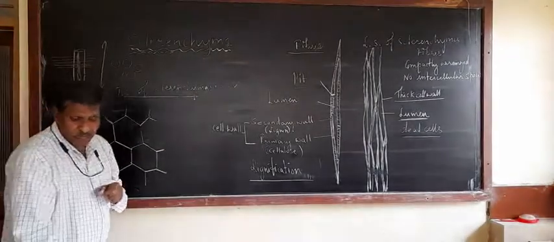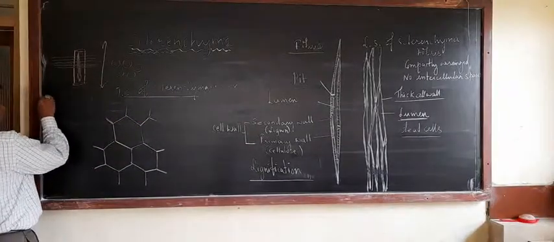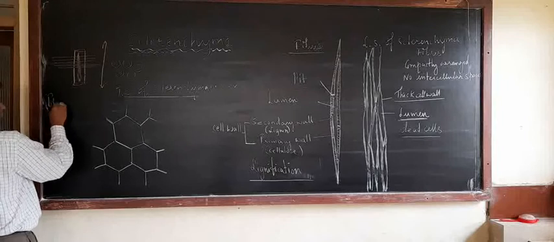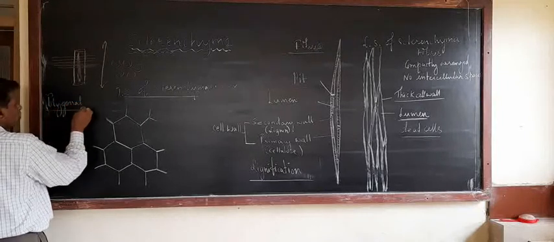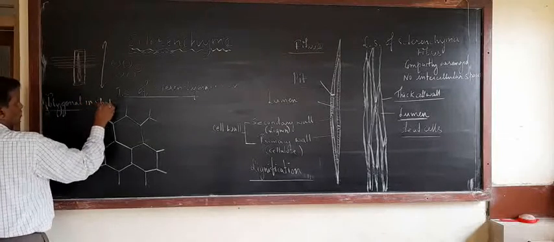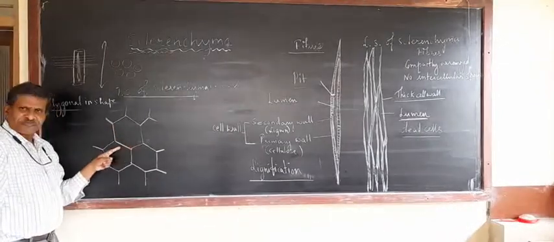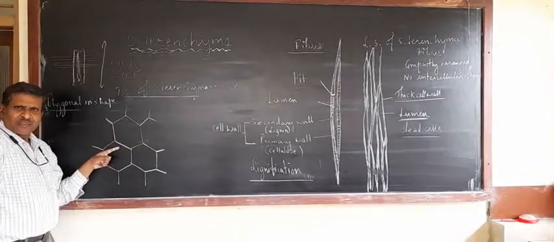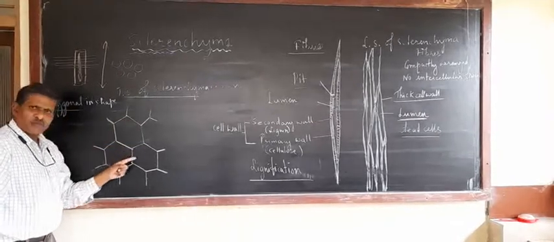First of all, you can see that the cell walls are thick. Later I will come to that point. But here, the shape of the cells: cells are usually polygonal in shape. They appear to contain many sides. When they contain more than one side, we consider the shape polygonal.